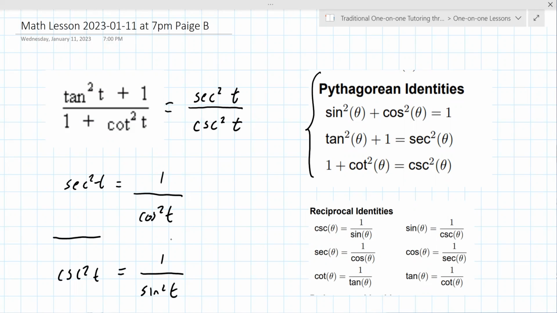Because secant squared over cosecant squared becomes 1 over cosine squared t over 1 over sine squared t. Whenever you divide by a fraction, you can then multiply by the reciprocal, like this. And so this produces sine squared t over cosine squared t.